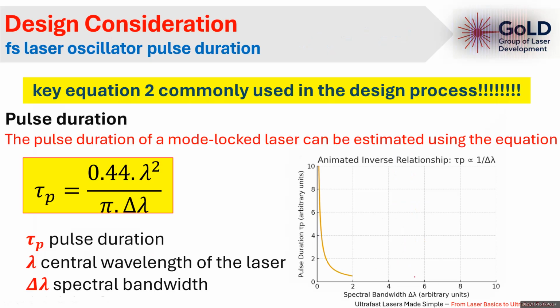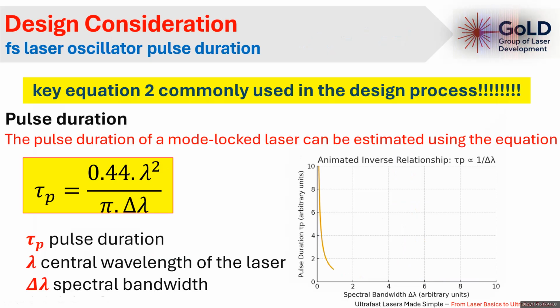Now this equation here, you can say equation 2, is linked with the pulse duration. The sequence I'm showing here, equation 1, equation 2, can be changed. It's not a hard rule.